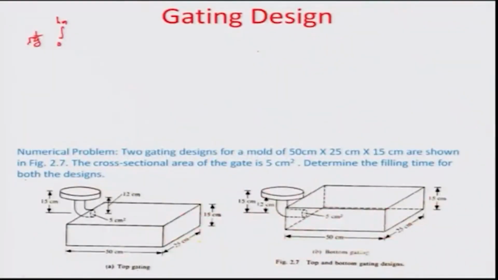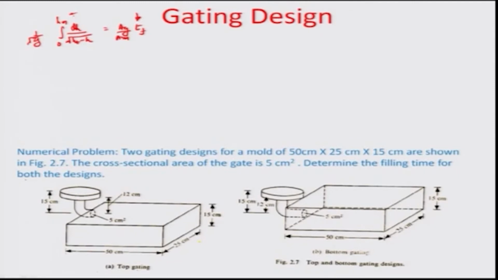So, 0 to H_m dH divided by root of (H_t minus H) equals A_g by A_m times T_f, where T_f is the time it takes to fill up the whole mold, so that the height goes from the existing H value with dH addition all the way to H_m.